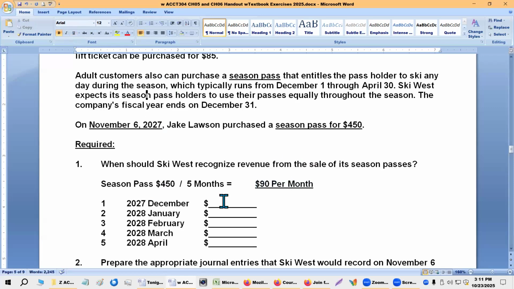So this is how much revenue we're going to recognize in each of these months. We're going to recognize 90 of it in December. Every month we're going to recognize $90 of revenue.